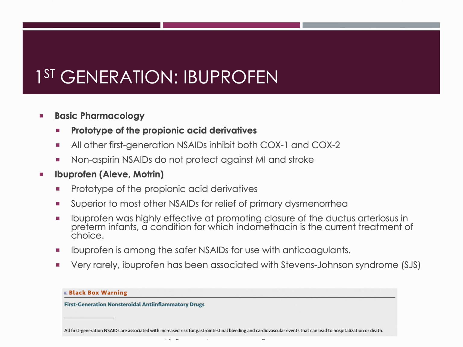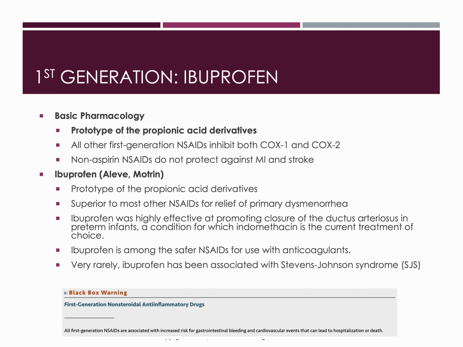Now, to contrast aspirin, the non-aspirin NSAIDs do not provide any protection against MI and stroke. In fact, they can actually increase the risk of a thrombotic event. So, for NSAIDs as a whole group, the increase in cardiovascular risk is relatively low, though, only about 12%.